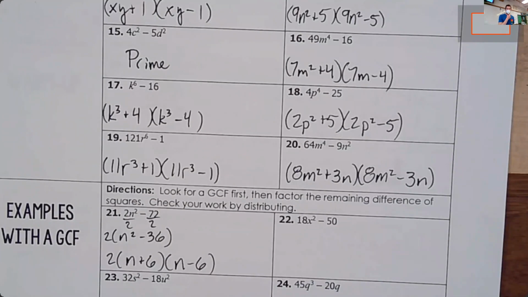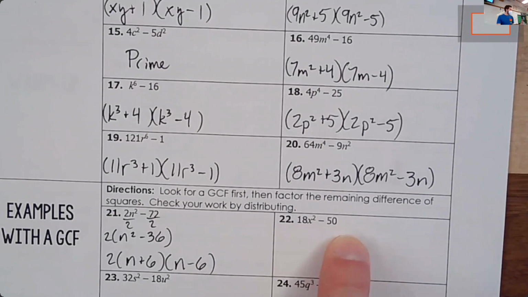How about number 22? Is there a number that we can divide 18 and 50 by? Or what's the largest number we can divide 18 and 50 by? You would think it should be bigger than 2, but it's not. It's just 2.